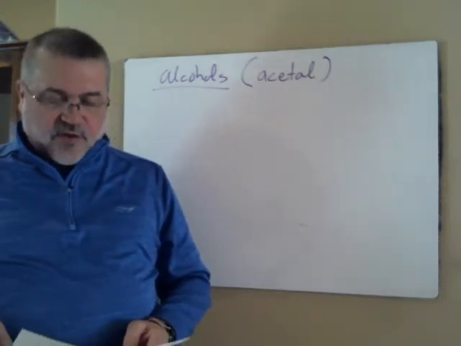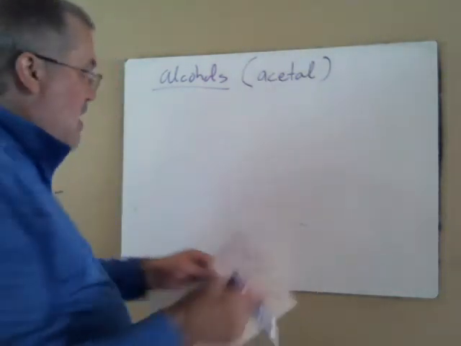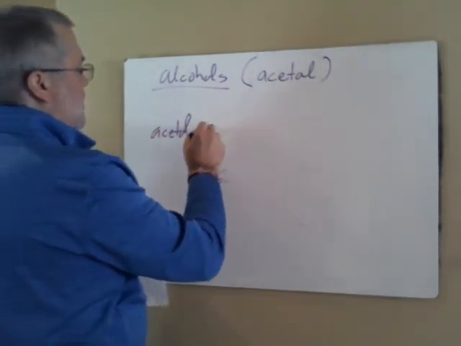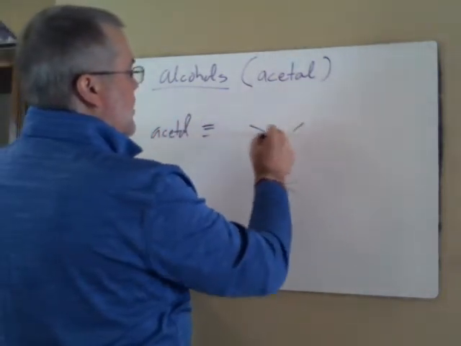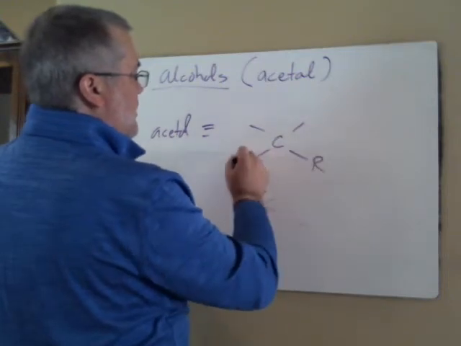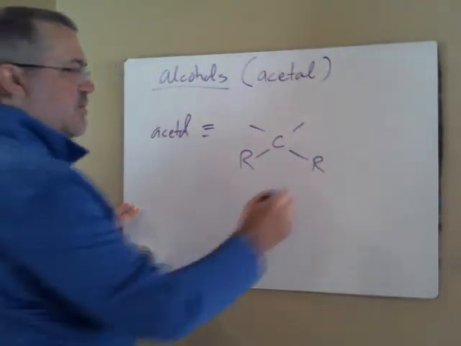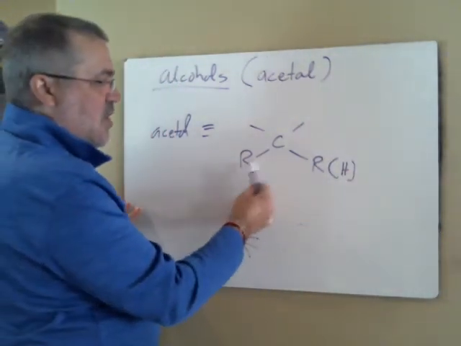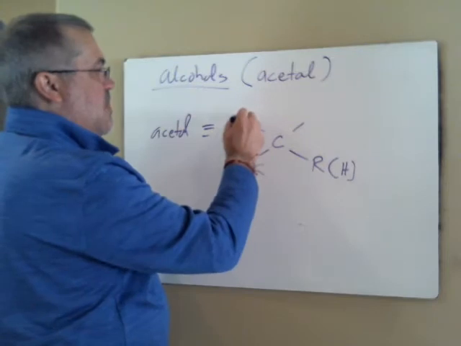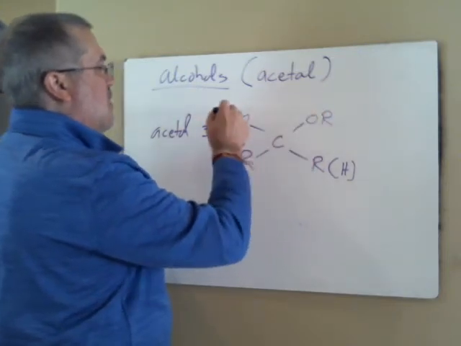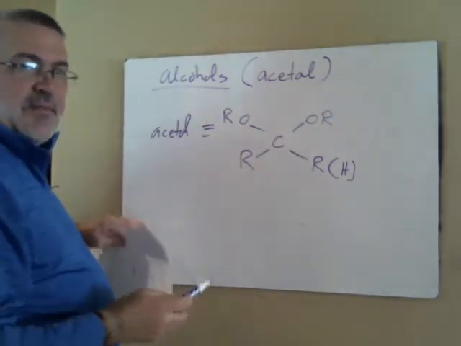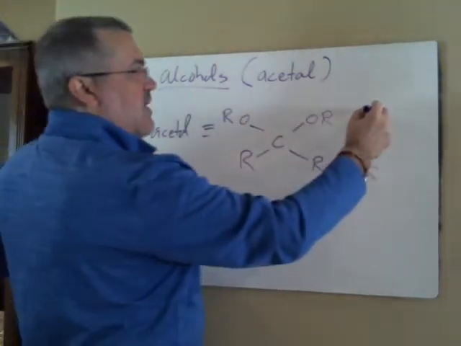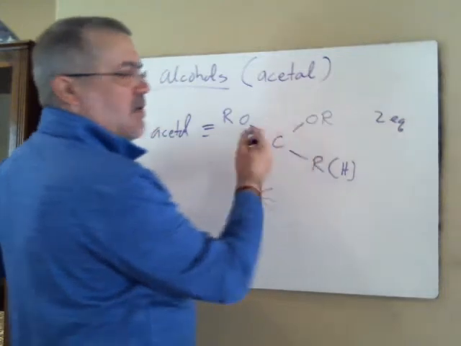But first we want to talk about the reaction in general, because what an acetal is now known as, it's equivalent to the situation where you have a carbon that's attached to two R groups, or one R group and an H, and then two OR groups. These are the two things that are going to come from the alcohol. So that's why I'm saying you have two equivalents of alcohol that are going to add.